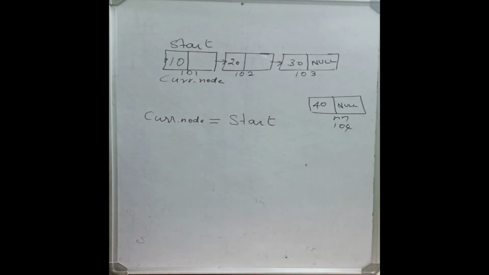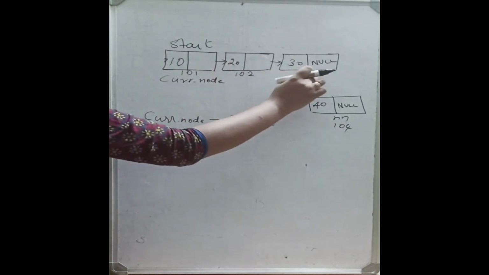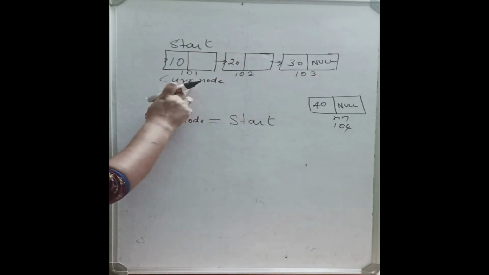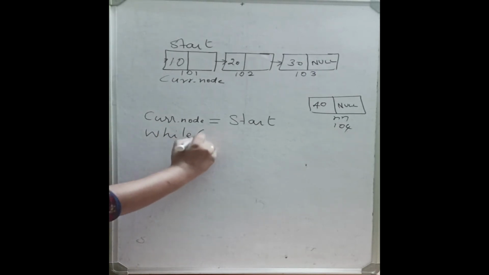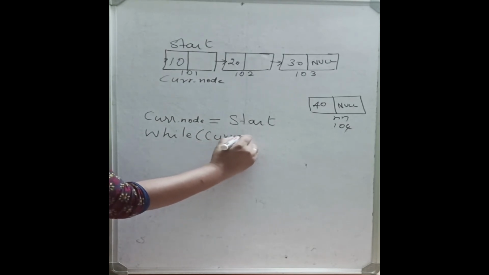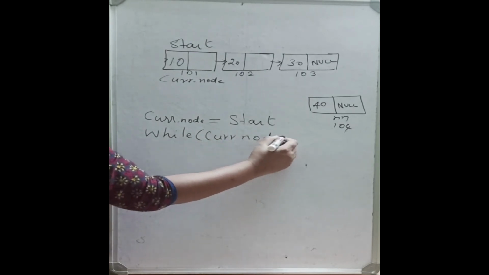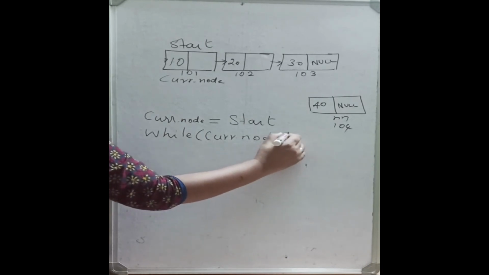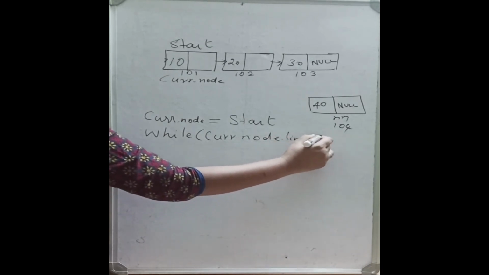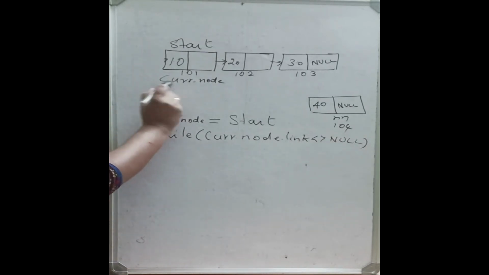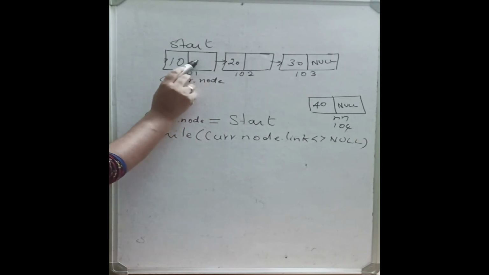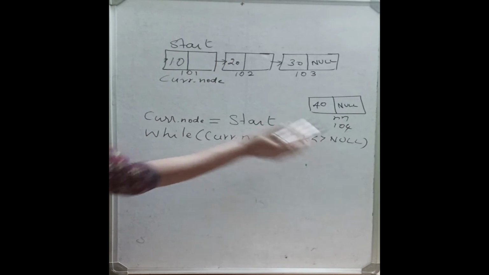So how can I identify the last node? We have to give one condition: while current node reaches the last node. How can I identify it? Current node link is not equal to null. Now you check: current node dot link is not equal to null.